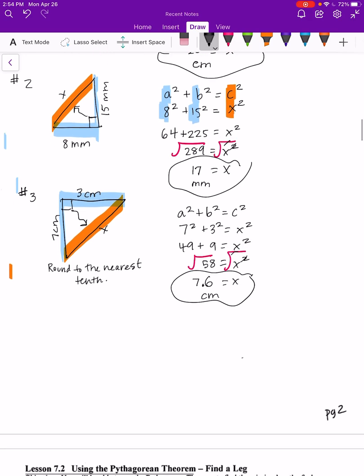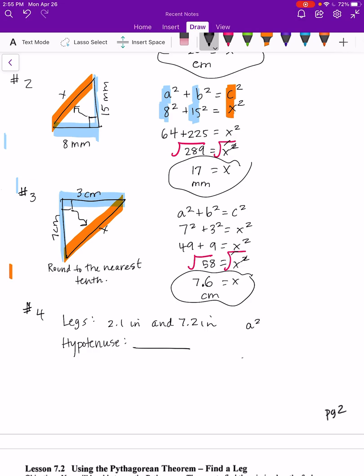All right, last but not least, one more example. And this one doesn't happen to have a triangle set up. Instead, it just says like this: legs are 2.1 inches and 7.2 inches. And I need to know what the hypotenuse is. So that's our blank. So again, no different than what you've been doing.